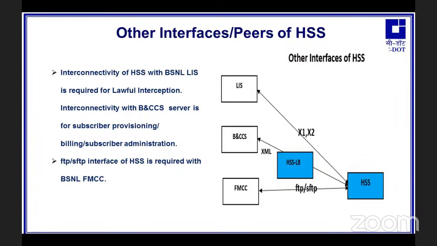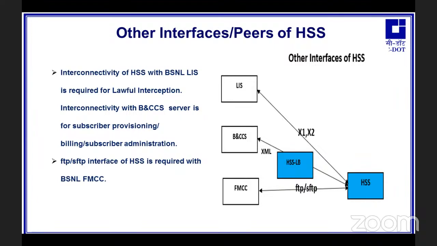In case of provisioning, as HSS is zonal level, BNCCS is common. So we are introducing one HSS LB node, that is a load balancer. Because BNCCS will fire the command to configure the services in HSS.